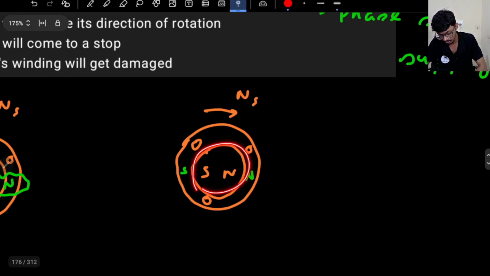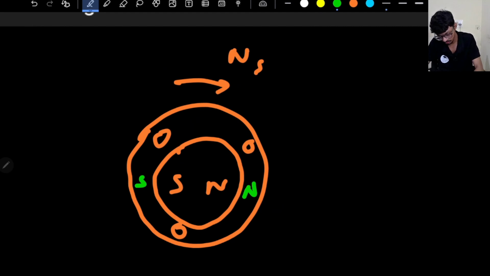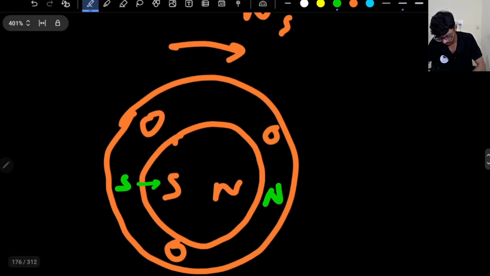What will happen to the rotor? What will happen to the rotor? To the rotor, basically, I can say that south poles will repel each other and north poles will also repel, just for a fraction of a second.